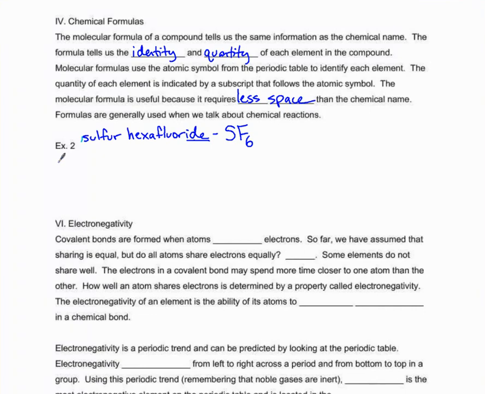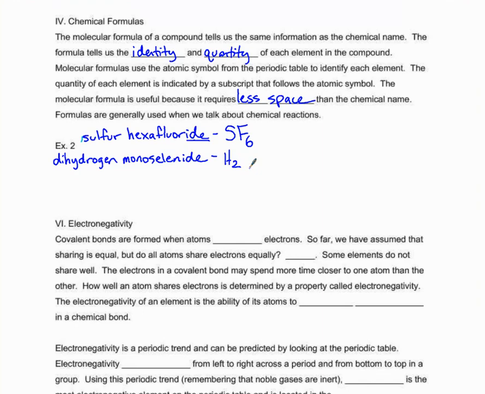So how about one like dihydrogen monoselenide? So the prefix di means 2, and we have the element hydrogen. So that tells me we have 2 hydrogens in this molecule.